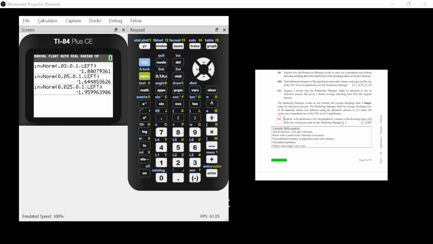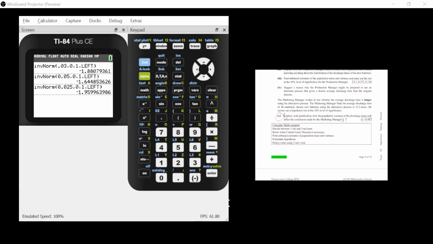If you manage to get this to be less than 0.987, you will end up having to change your conclusion. You will have to end up saying that the average discharge time is longer. So you fail to reject H naught.